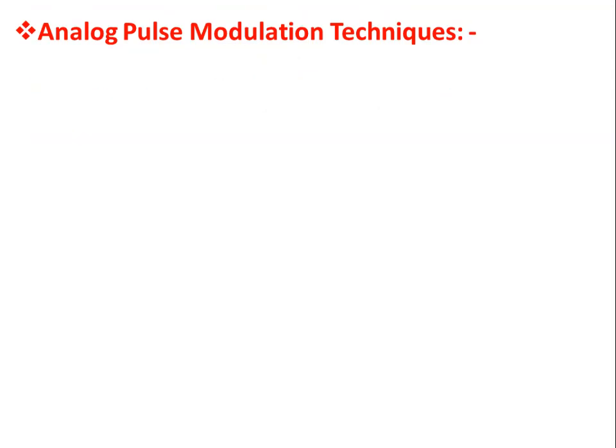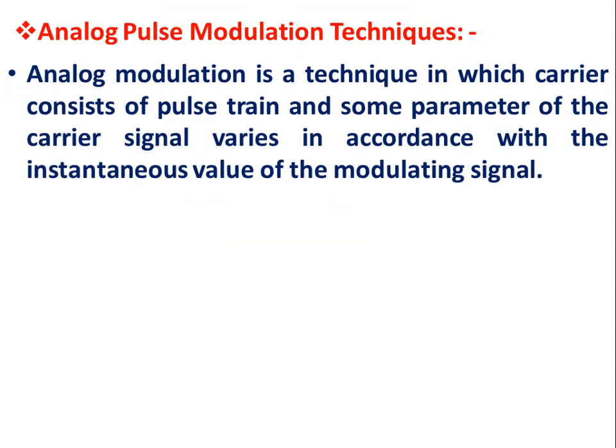In digital communication system, analog pulse modulation is a technique in which the carrier signal consists of a pulse train and some parameter of the carrier signal varies in accordance with the instantaneous value or amplitude value of the modulating signal.